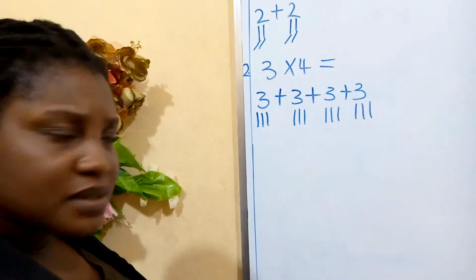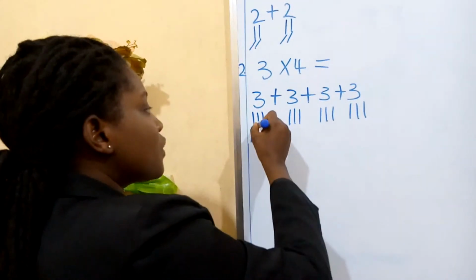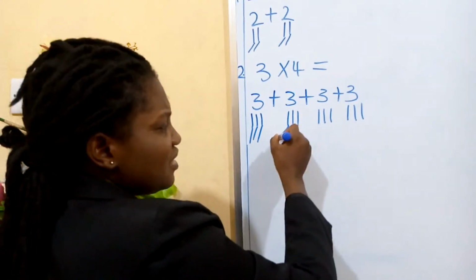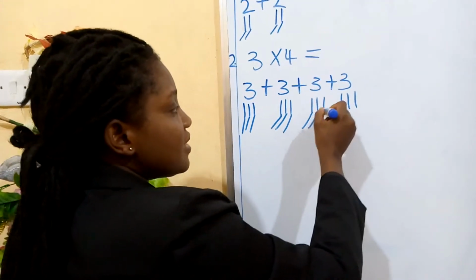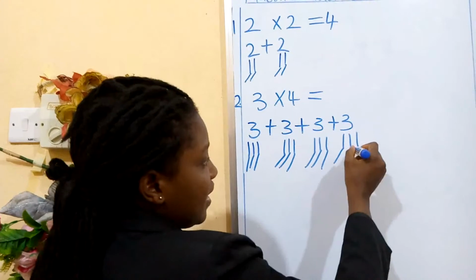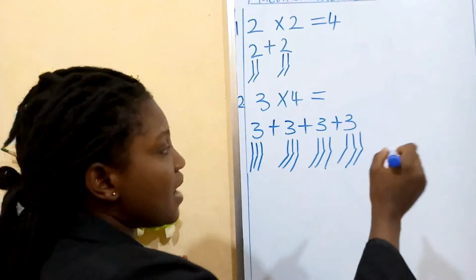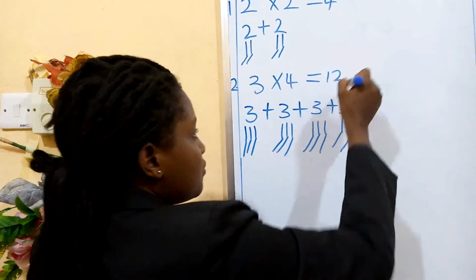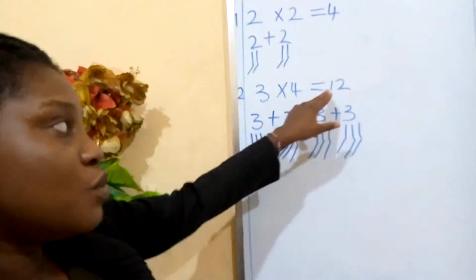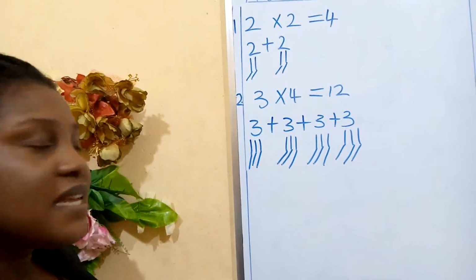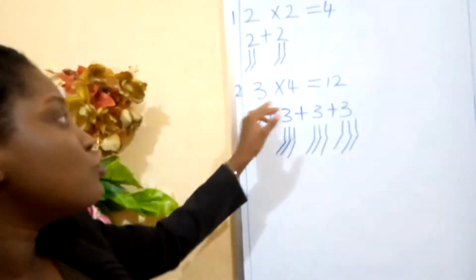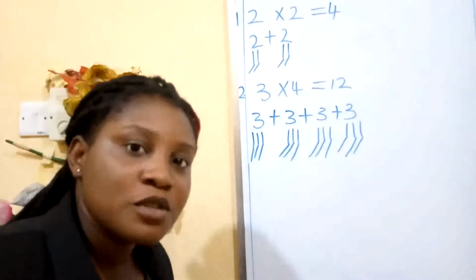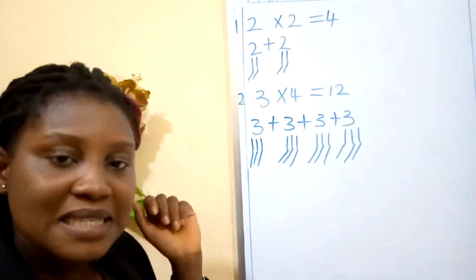So now let's count it together. 1, 2, 3, 4, 5, 6, 7, 8, 9, 10, 11, 12. So the answer is what? 12. So 3 times 4 is what? 12. Is it simple? Lovely. It's very simple. So this is how we get the 3 times 4, 12 that you normally sing.